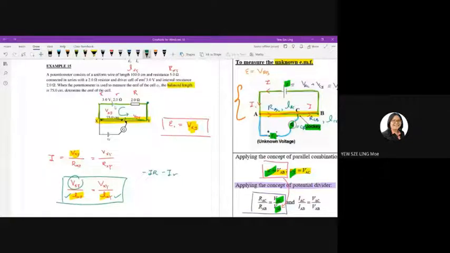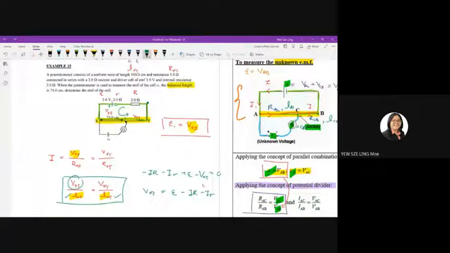Now it flows from the negative terminal to the positive terminal, plus EMF, minus Vxy across this one equals 0. So Vxy is equal to EMF minus IR minus IR.